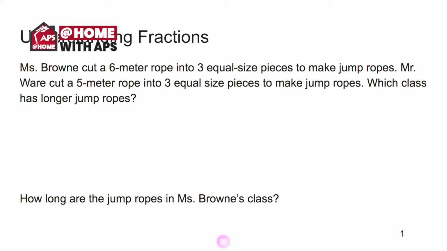So if you were with me in the spring, I always do what I called a modified marking up the text to help me understand what I need to be looking at. So the first thing I do is I always circle the number information or the quantity that I have. So I know that I have 6 meters here, and then I have 3 equal-sized pieces.